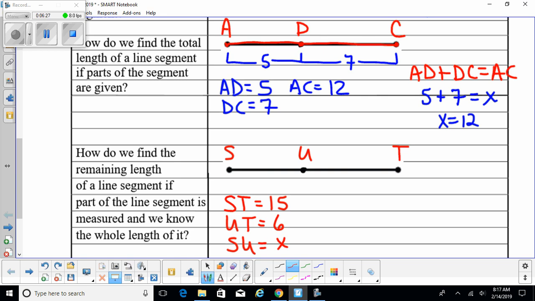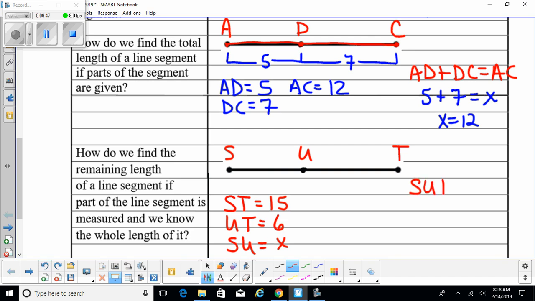Then our setup is going to look identical to above because this is always going to work. Part, meaning part SU, plus part UT will equal the whole thing every single time, no matter how it's presented. So let's see how this plays over here. Let's write it out.